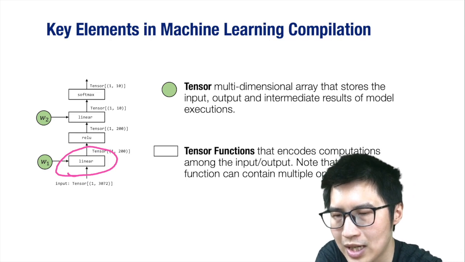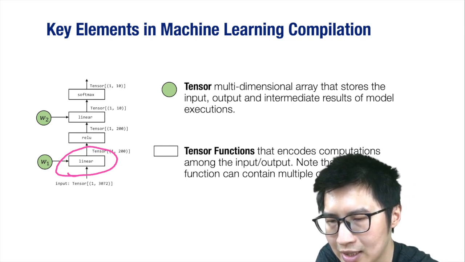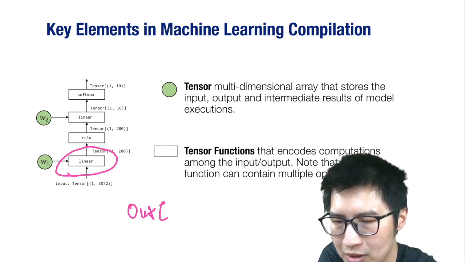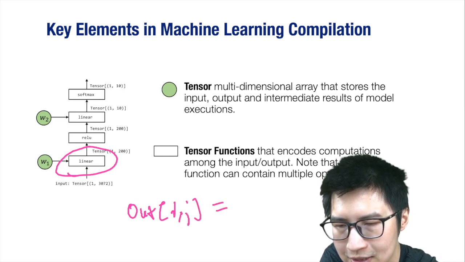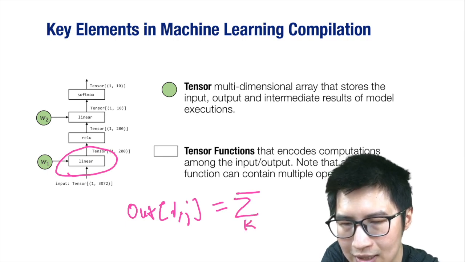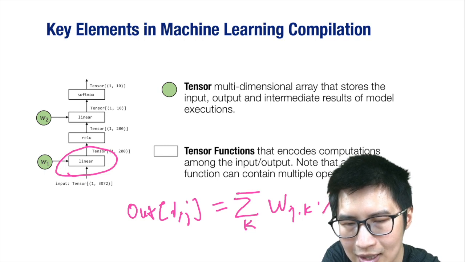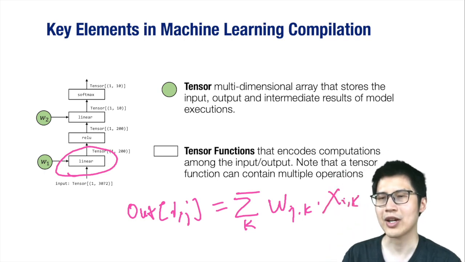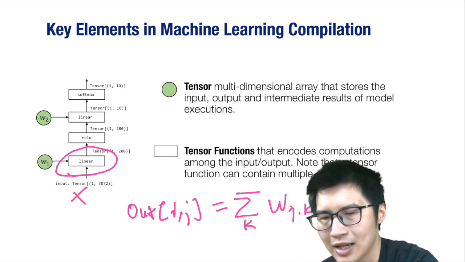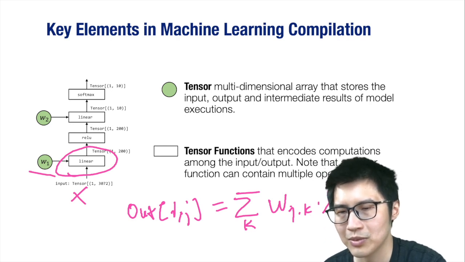So the result will be something like output ij equals the sum over k of w, which is a weight, jk times, imagine my input is x, ik. So this is a linear projection layer that helps us take in an input x and a weight, and do a linear projection.